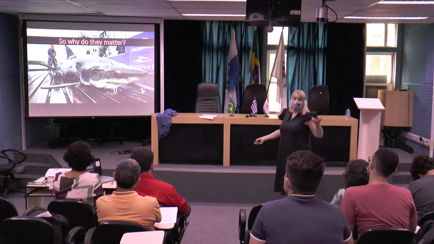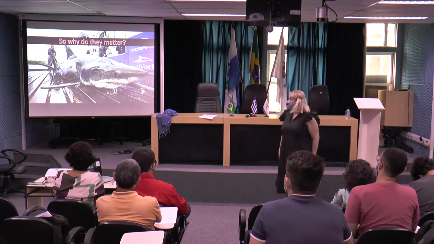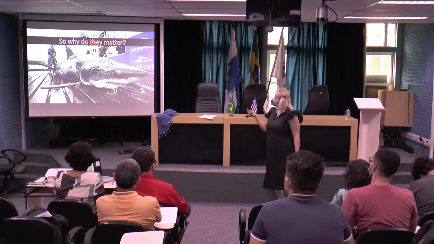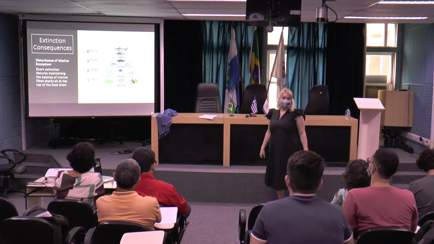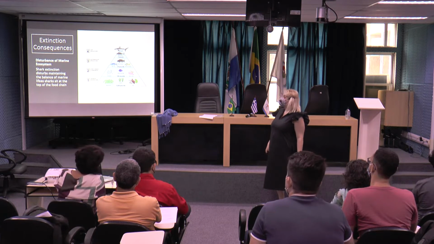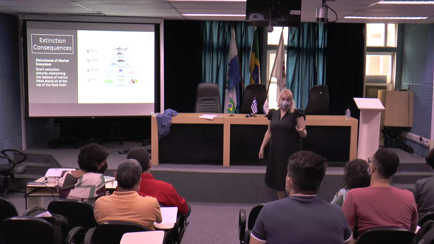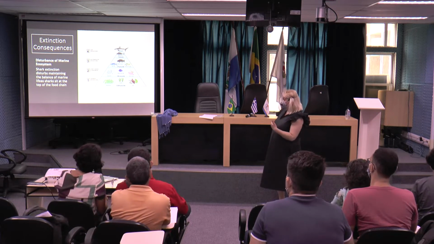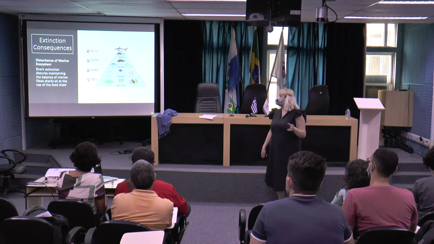So why do they matter? This is the most important thing of the presentation. Why does this matter for us? And this is the answer. So there is a problem with the marine system. And it tells us where there is this problem and lack of balance of the marine system.